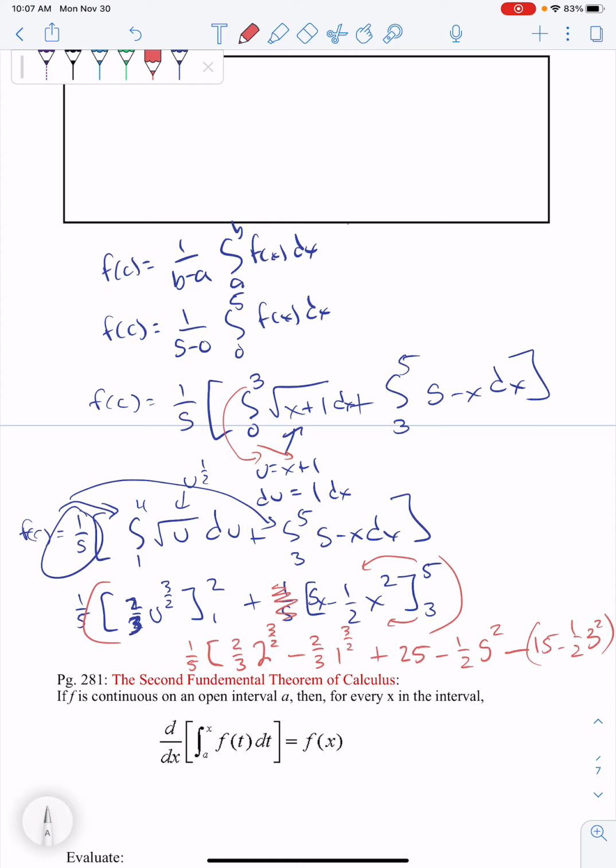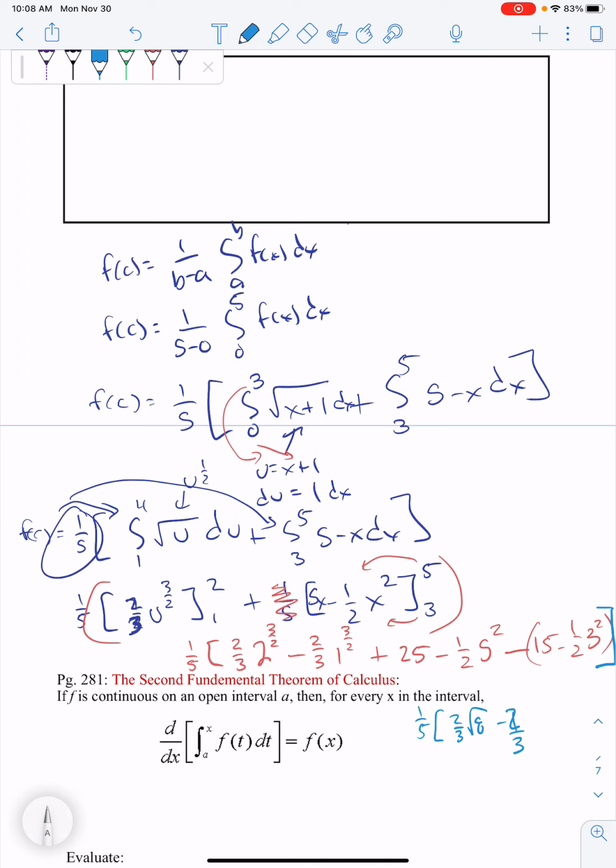So I'm just going to clean it up just a little bit. Not a lot, because this is a free response question. So in fact, if I just put this there, that could be my final answer. I could be done with that one. If I wanted to clean it up a little bit, I could leave the 1/5 out front. 2/3 times 4 to the 3/2 just becomes 2/3 times the square root of 8, minus 2/3, because 2/3 times 1.